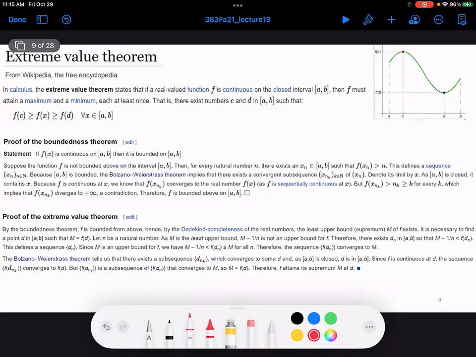Well, if it's not bounded, I can get a sequence of points where it gets arbitrarily large. But because it's a compact set, the sequence of points where it's getting arbitrarily large has a subsequence that converges. And then by continuity, I just get a small little neighborhood about that. And then that will get me a contradiction. I can't get arbitrarily large. And then once you have its boundedness, you basically just use the least upper bound property and get the extreme values can be attained. Okay.